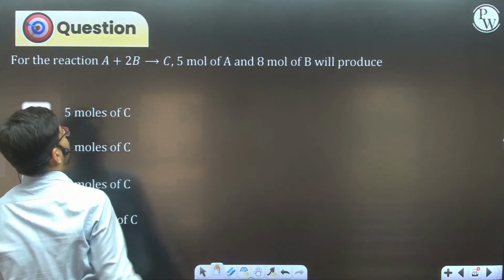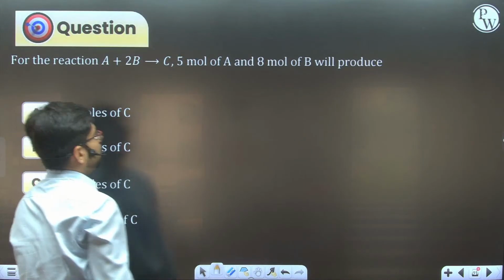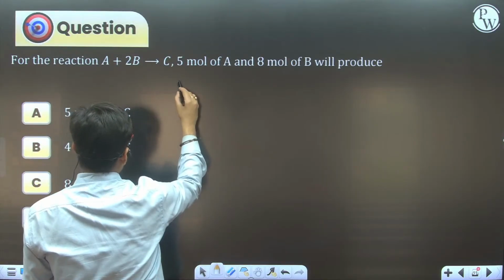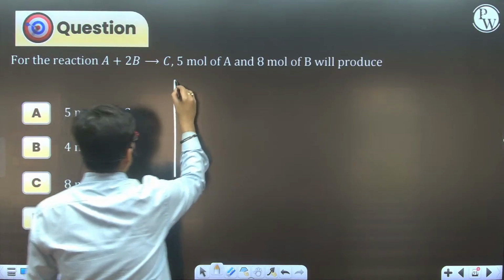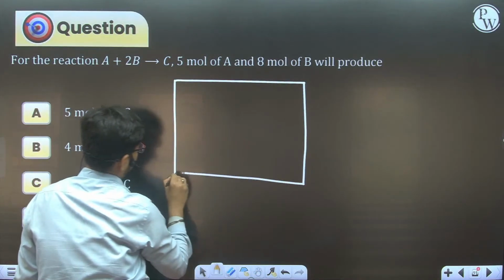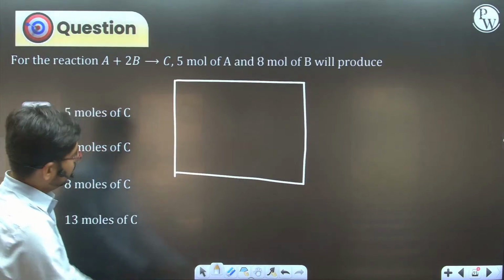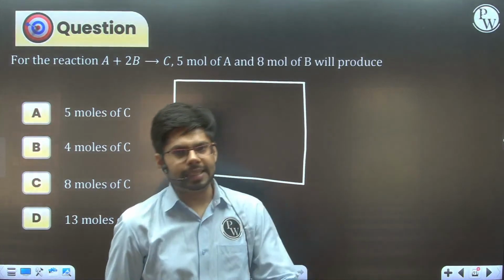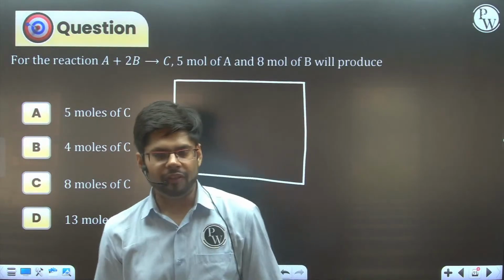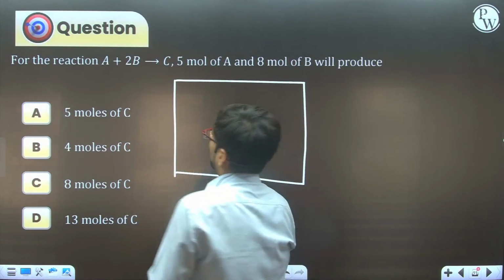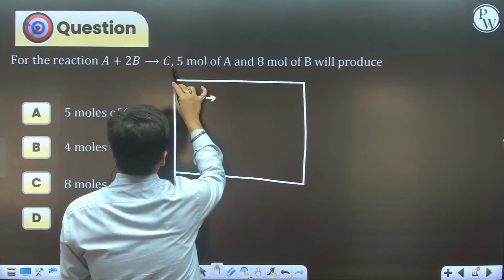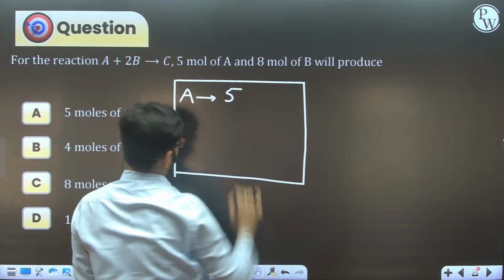Now, see. How do you find out who the limiting reagent is? There is an easy technique for that. The technique is this. Make a small box. Okay. It doesn't look so small, but anyway. Within that box, I'll write the necessary details required for finding out the limiting reagent. Now, for A, I have been given 5 moles of A initially.